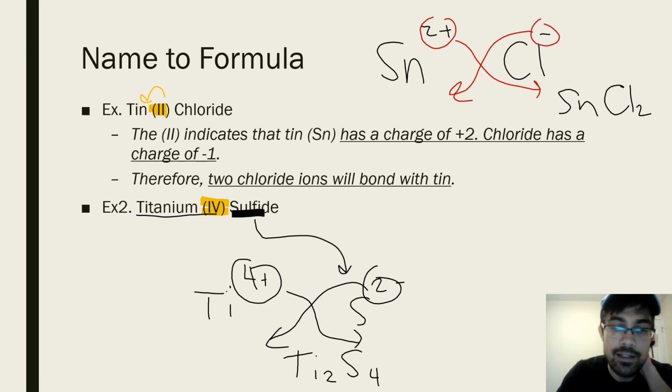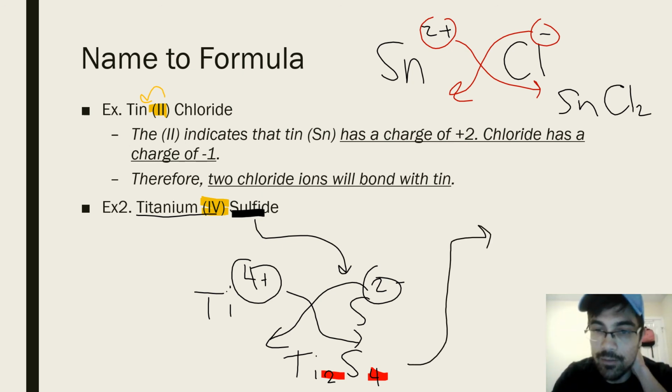And so again, there is a common multiple between the 2 and the 4. Okay, so you actually would need to reduce this down to its lowest possible terms. So that, and I'm just putting them up there because my face will be in the way otherwise, means we have TiS2. Okay, we would reduce it down.